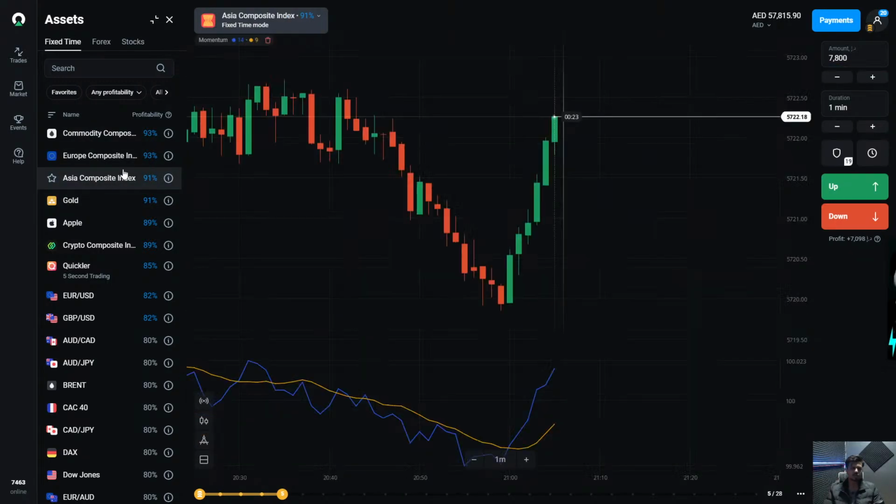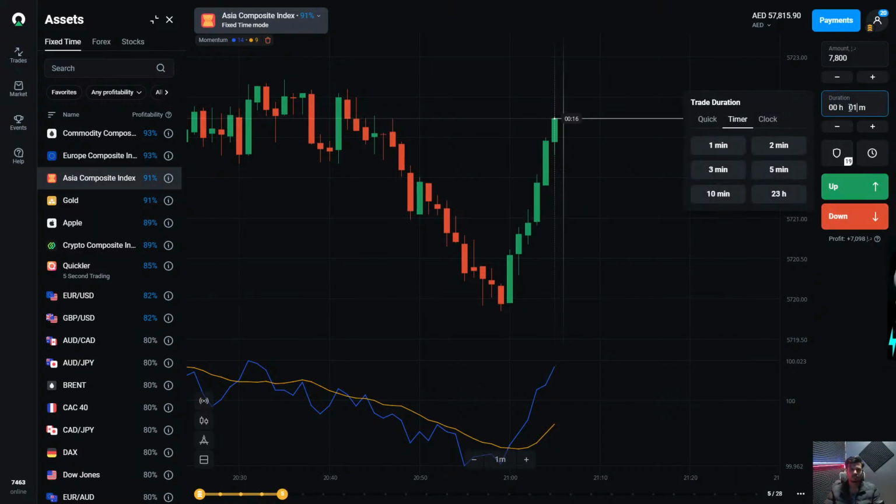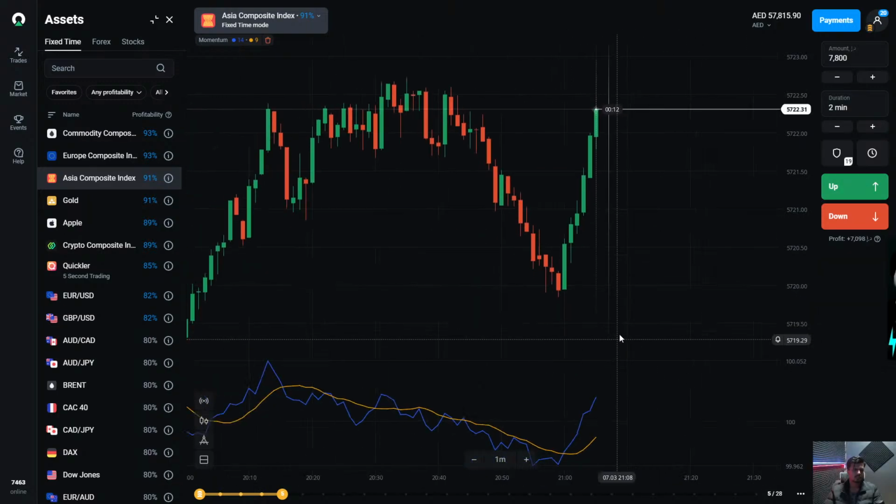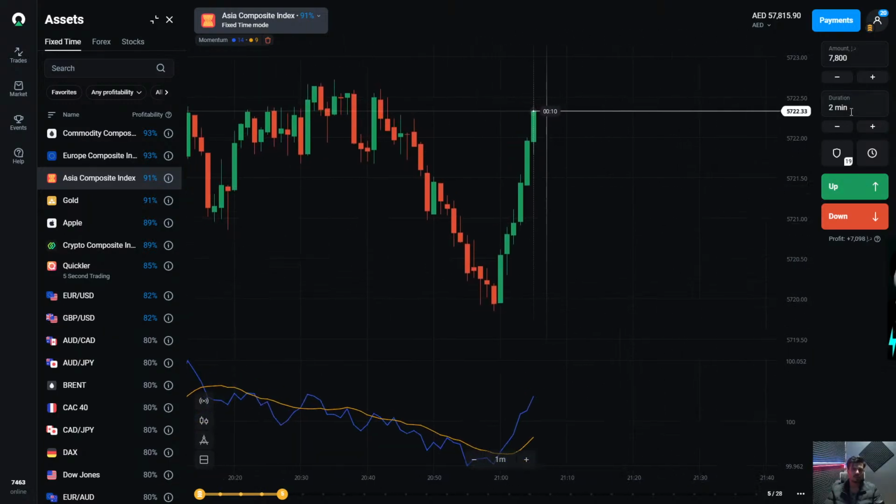So welcome to all those who are watching the live stream here now, and let's make a new trade here. As I can see, it's just moving in the upward direction.